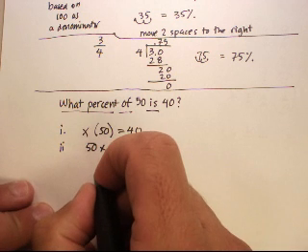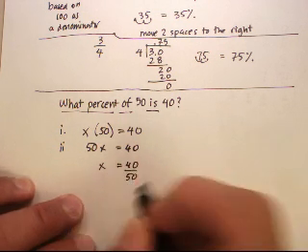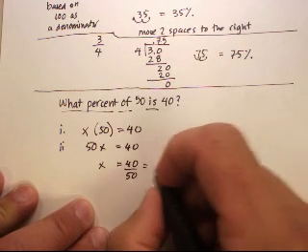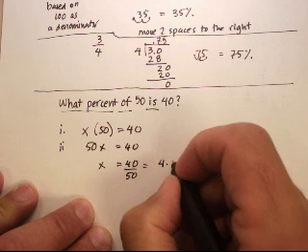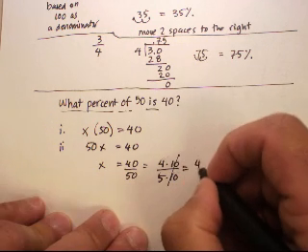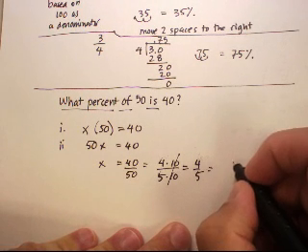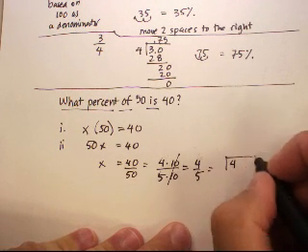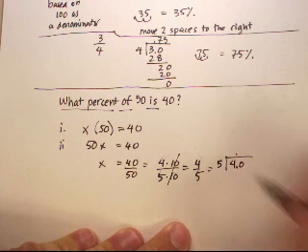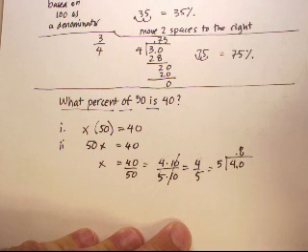Divide both sides by 50, and you get x is equal to 40 divided by 50, which is our fraction. We can change that into 4 times 10 over 5 times 10. That goes away, and you get 4 over 5. And remember that you change that by dividing the numerator by the denominator. 5 goes into 40 how many times? 8 times.